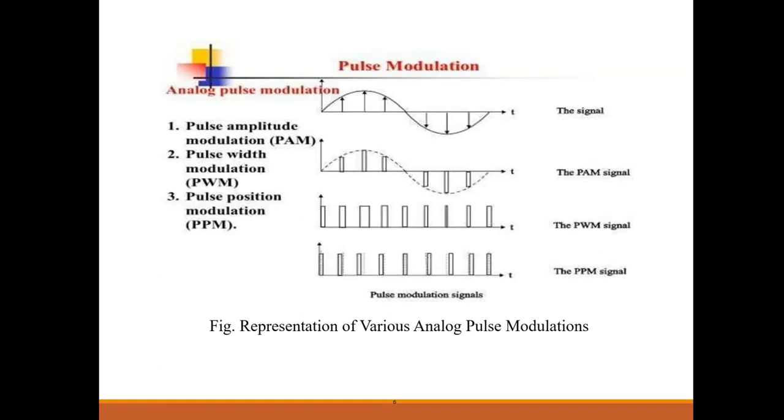The first one is the PAM signal, the second is the PWM signal, where the pulse width is varied according to the input modulating signal. The third is the PPM signal, where the position of the pulse is varied according to the input signal. These are the representations of analog pulse modulation.